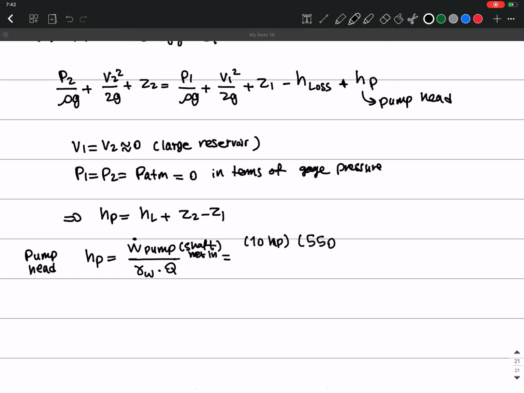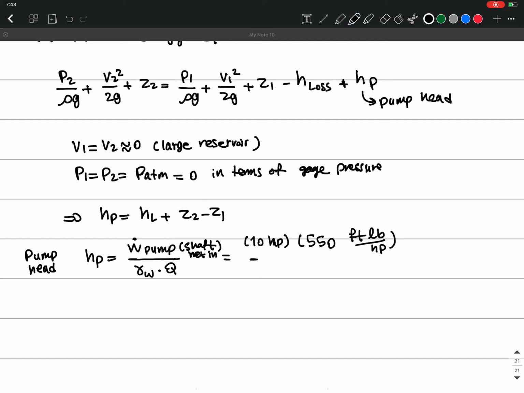So you have to convert that horsepower into foot and pound. So it's going to be one horsepower is 550 foot-pound.